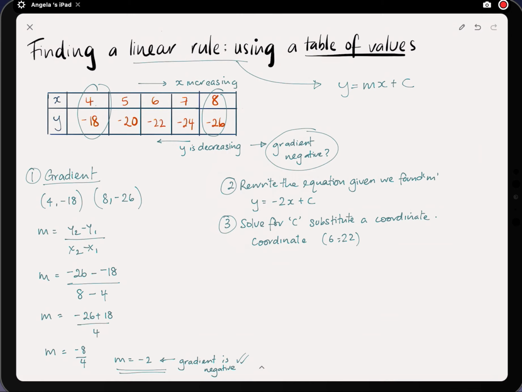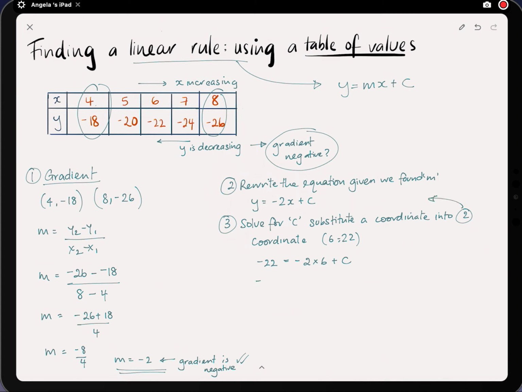So now substituting the coordinate into what we found in part 2, we can see that we've got y being negative 22, so let's substitute that in, equals negative 2 times 6 plus c.